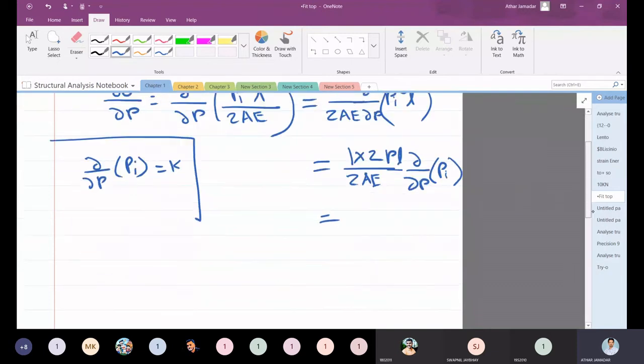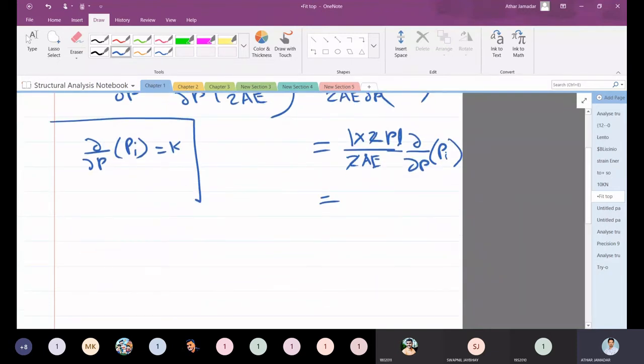So here we have this final equation. This 2 and this 2 will get cancelled, so we have P. So del Pi by del P is nothing but K into L divided by AE. This will be the deflection at point C. So this is your formula for deflection of trusses.